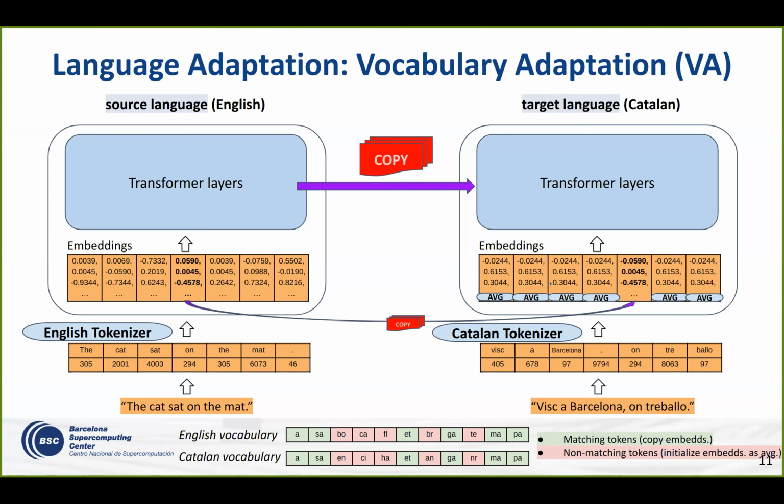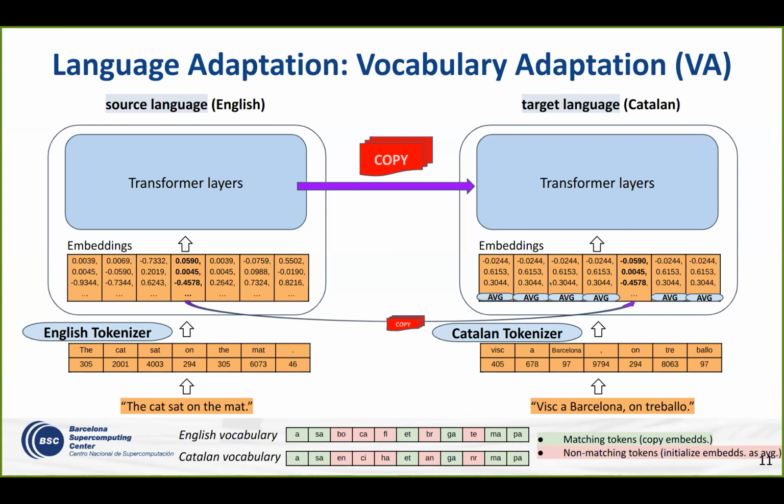Given a source vocabulary, in English in this case, and the target vocabulary, there are some tokens that appear in both of them that we call the matching tokens, and there are some other tokens that appear in only one or the other vocabulary, the non-matching tokens. What we did is to copy the embeddings corresponding to the matching tokens from the source model to initialize the embeddings for these tokens. And the embeddings for the non-matching tokens were initialized as the average of all the source embedding weights.